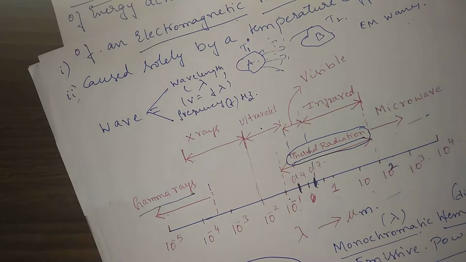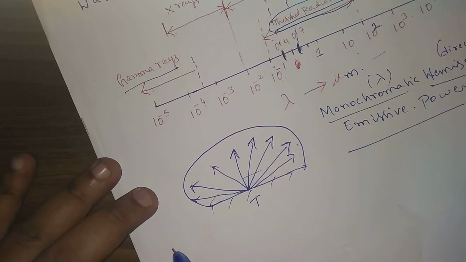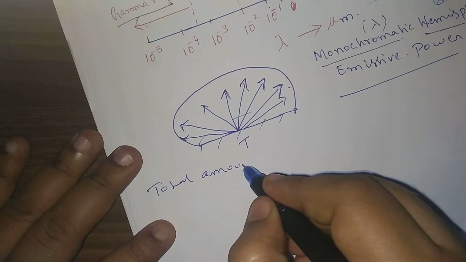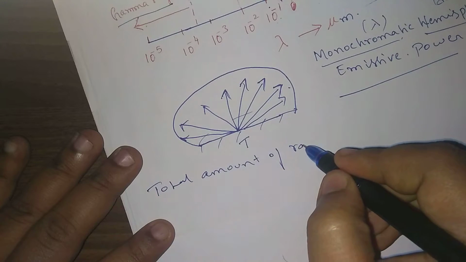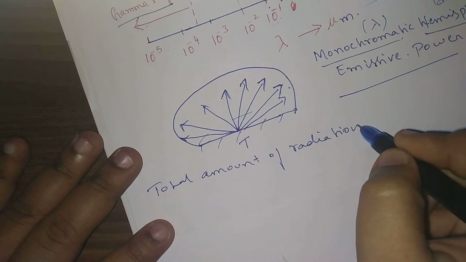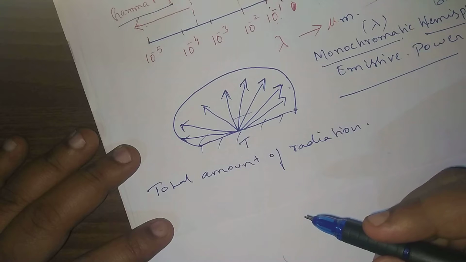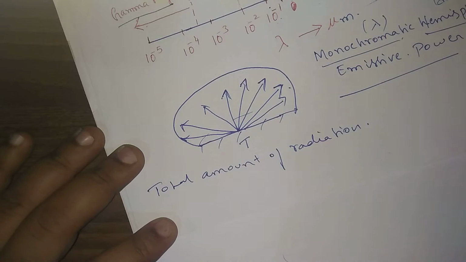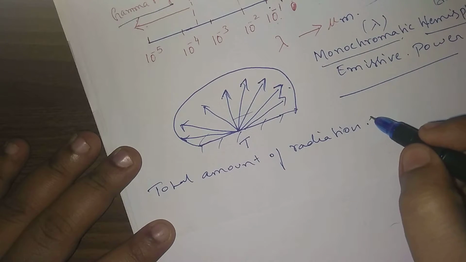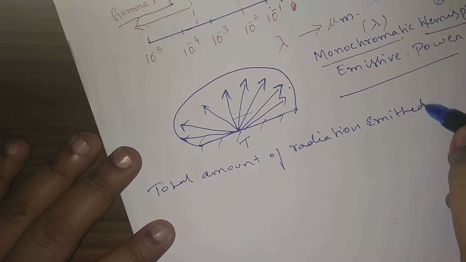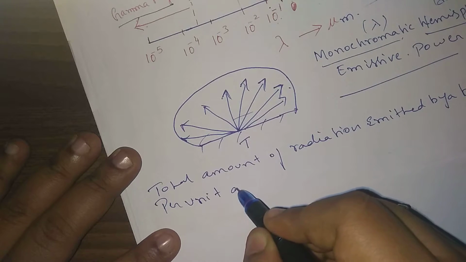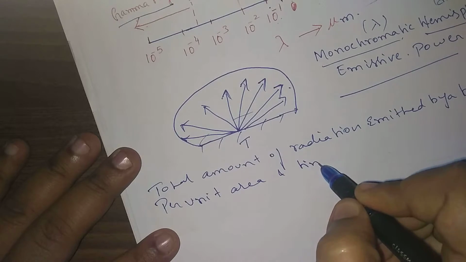It is defined as the total amount of radiation emitted by a body per unit area and time.